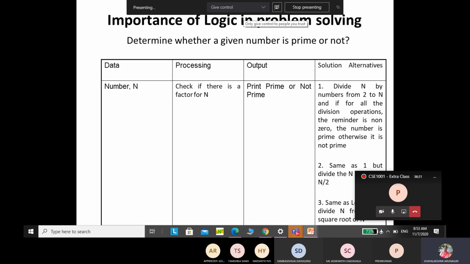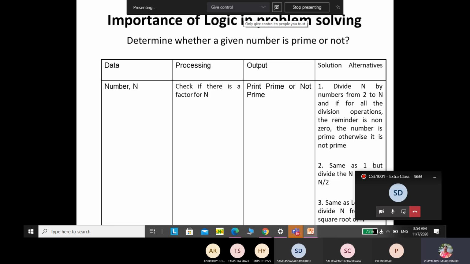Should it be n minus 1? Yes, it should be n minus 1, because if it is n, the remainder will be 0. If the number is 111 and I divide by 111, the remainder is 0. So I will take 2 to n minus 1, right?